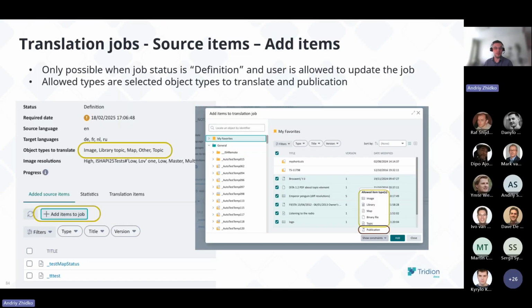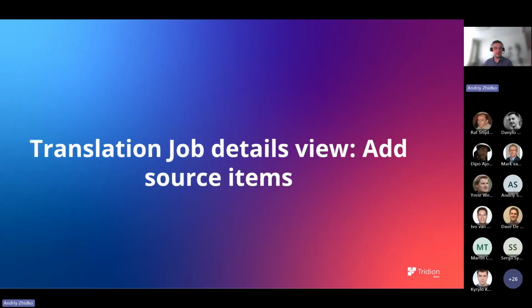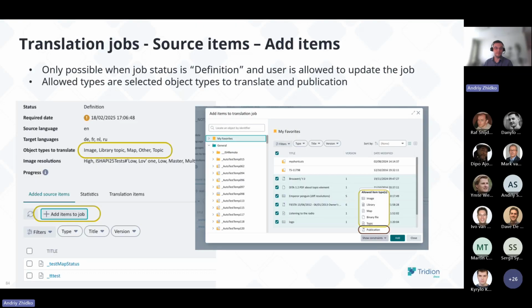Let's talk about the possibility to add source items. It is possible to add source items to a translation job only when the translation job is in the definition state. So it is possible to update that. If you specified all object types as allowed, you'll be able to select all of them plus publication.